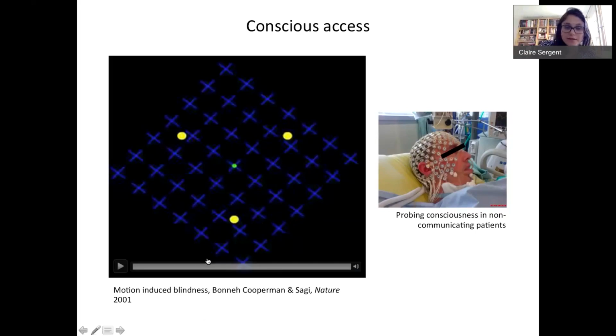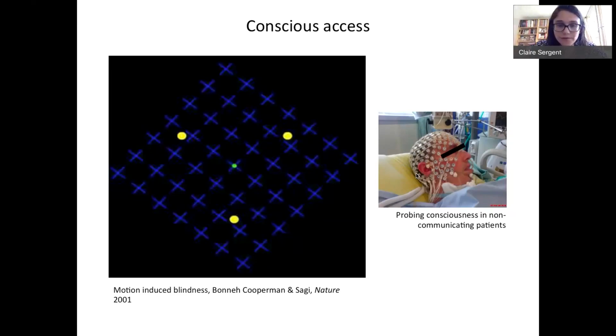If we understand in healthy subjects what's the difference in their brain when they become conscious of an external information versus not, we might interrogate the same signatures using EEG, for example, in these patients to try to infer whether they have conscious access to the external environment. So that's the general goal.